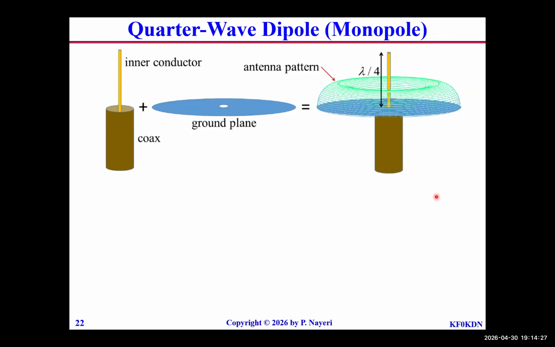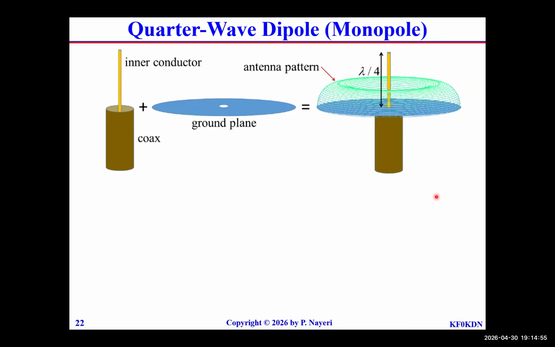The way this works, if you assume you have a current in this direction, and this ground plane is a perfect electric conductor, image theory shows that you would have an image of this current here. So the aim of this ground is to basically mirror it here, and the current follows the correct direction.